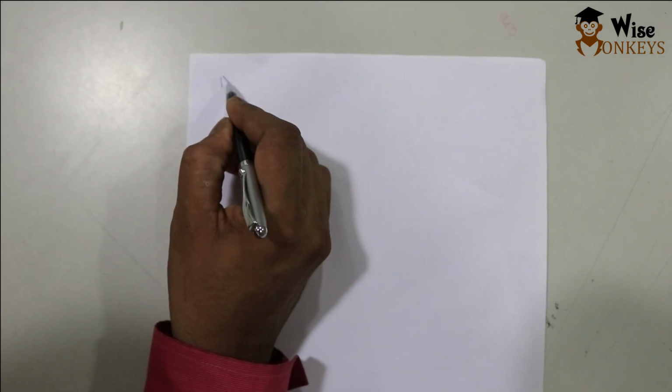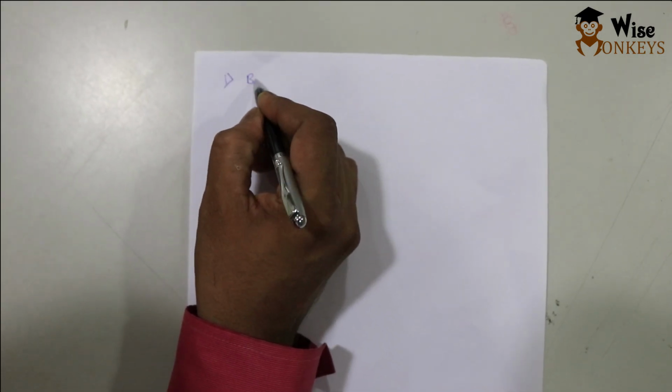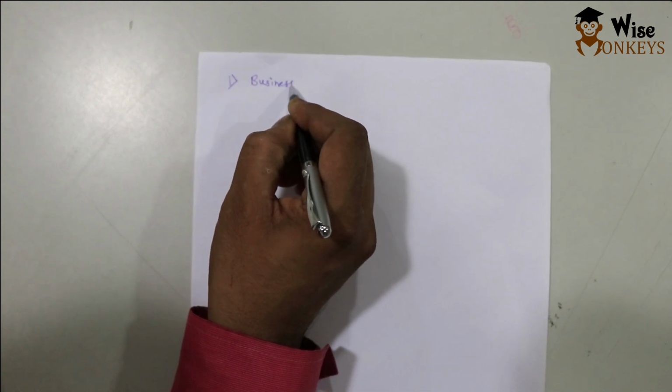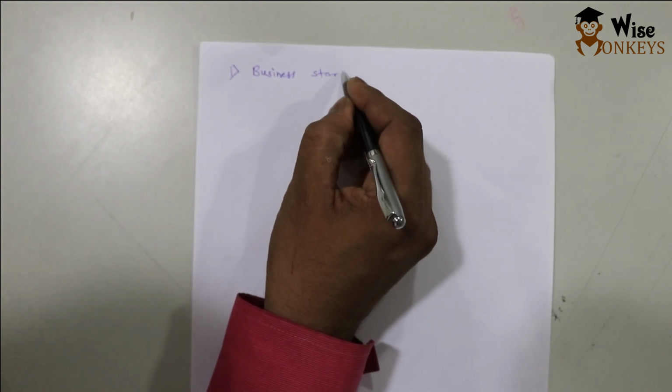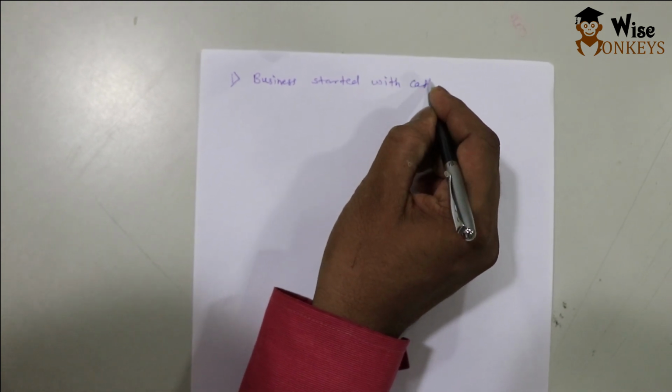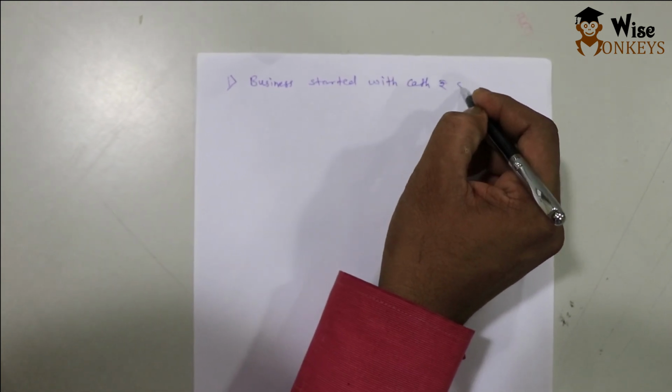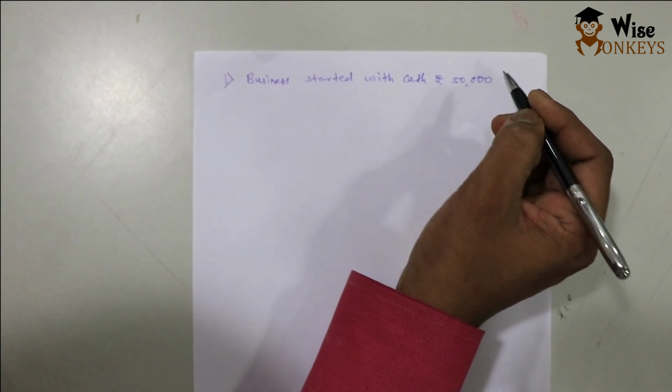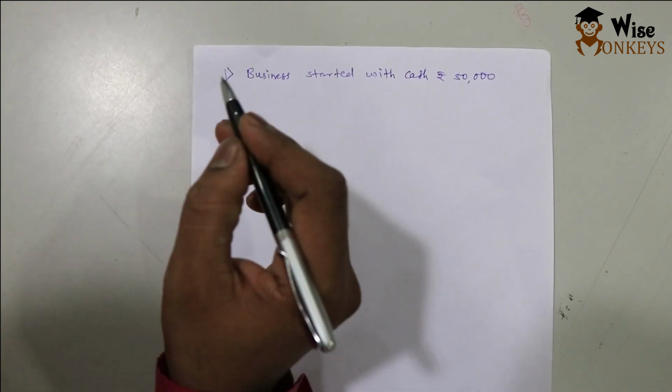Now let us understand this better with the help of a few example transactions. Suppose in the first transaction, business started with cash of rupees 50,000. Here in this transaction there are two accounts.